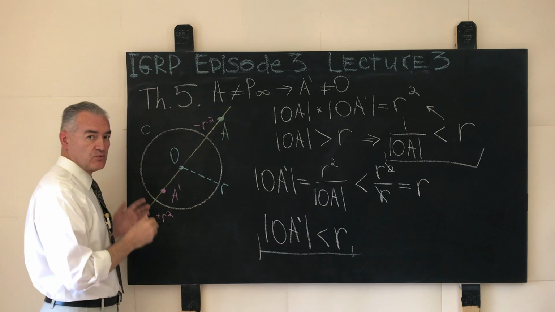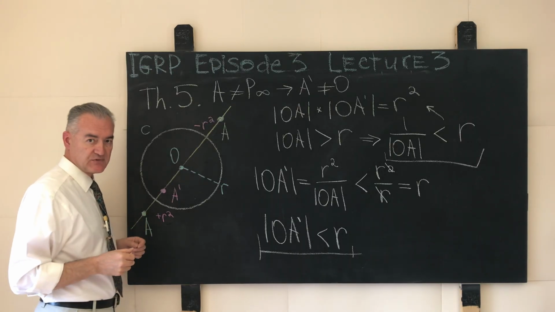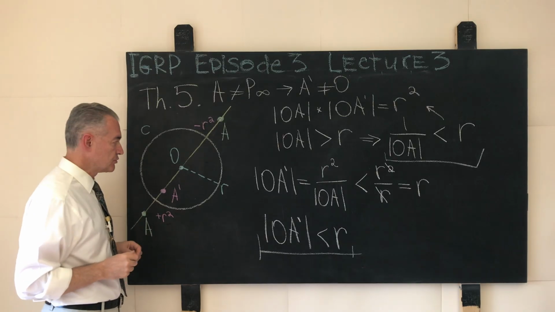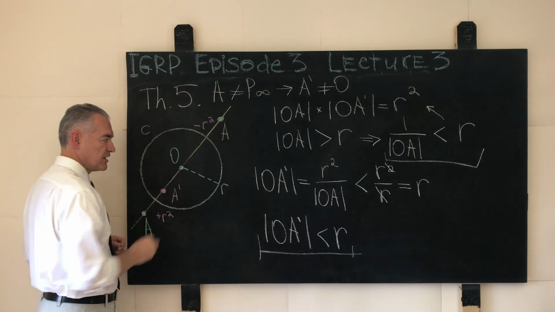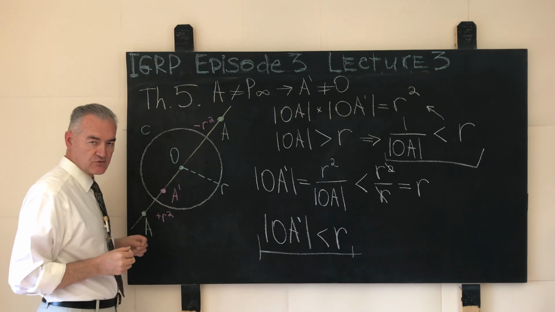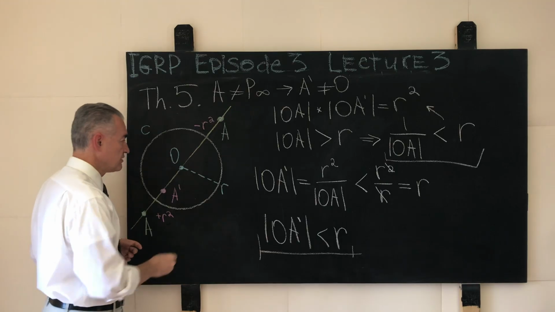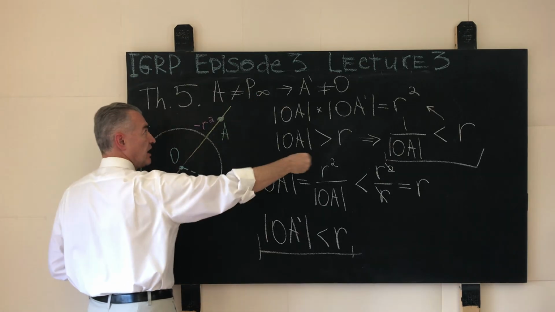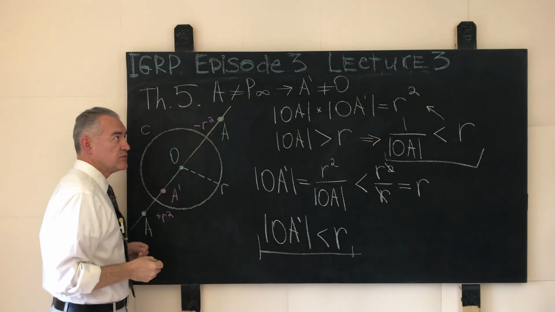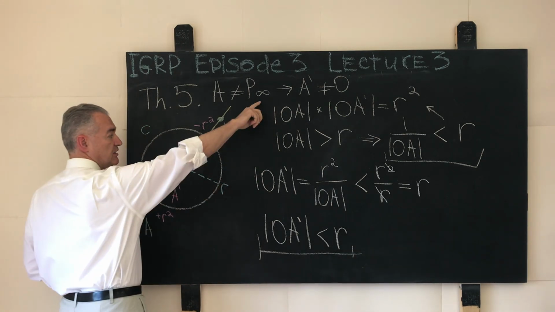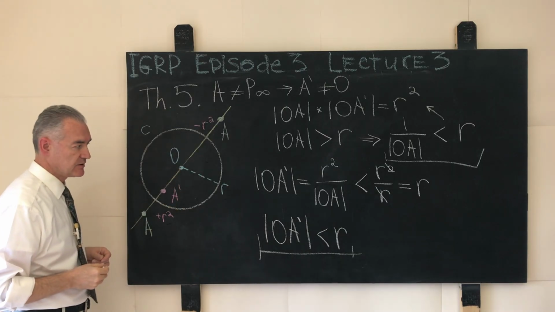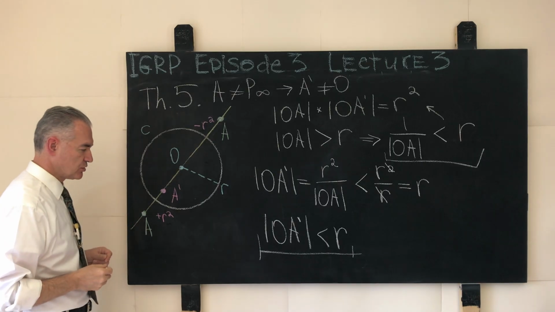Because remember, we agreed, it's a part of our definition, that by the strict letter of the law, so to speak, the point O does not have a genuine image under the inversion of the plane with respect to the circle, but we agreed that the image of that point will be the point at infinity, and conversely, the image of the point at infinity is the center of inversion under the inversion of the plane with respect to a circle.